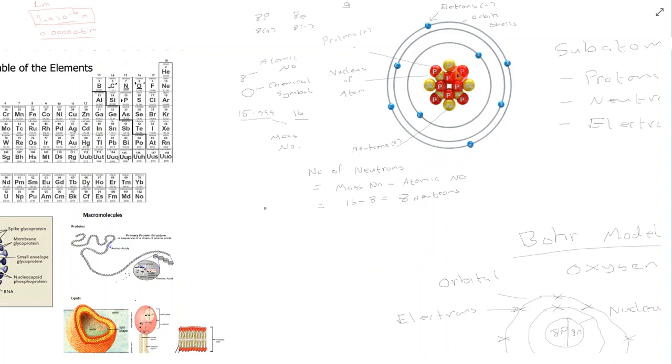Now, we'll spend a little more time looking at the arrangement of the atom. This is the fundamental part of what's called matter. Matter is anything that occupies space and has mass. For example, the coronavirus occupies space and has mass. The mass of a coronavirus comes from all of the atoms that make it up.